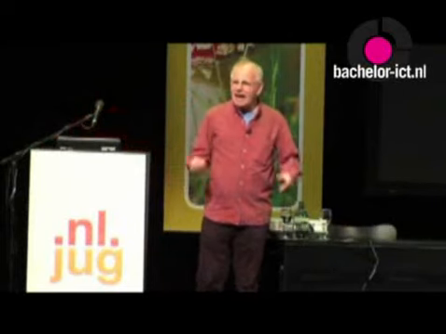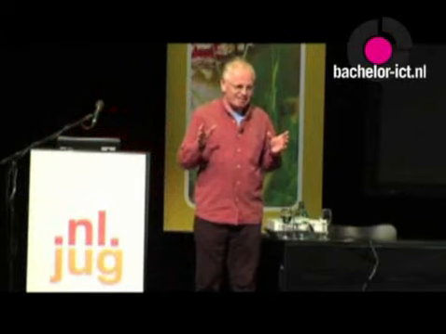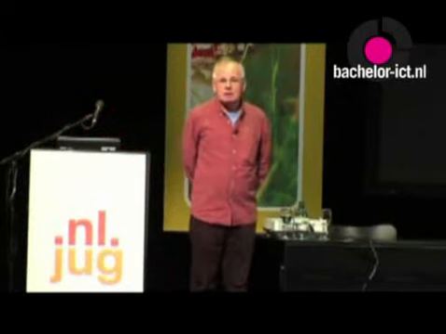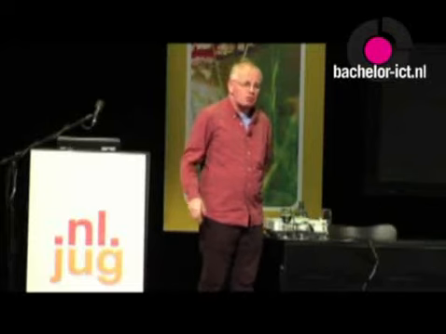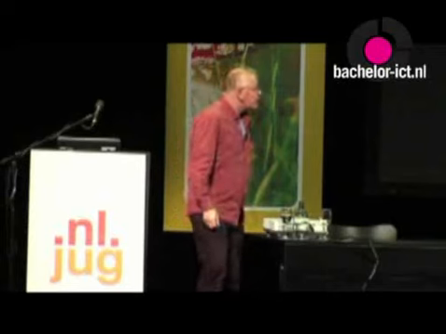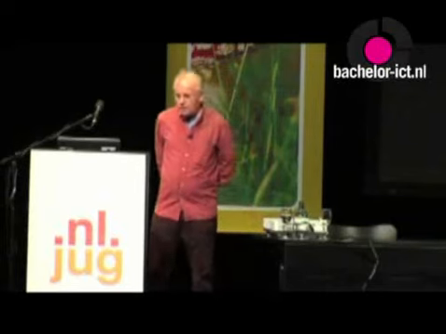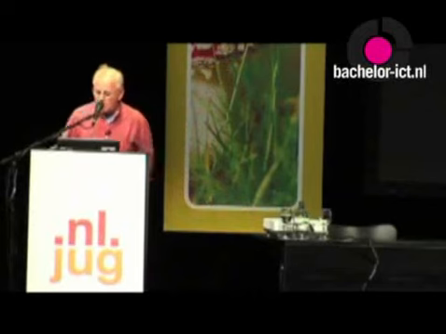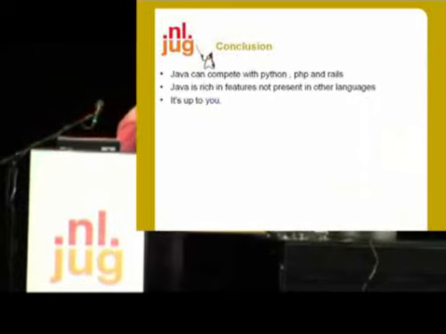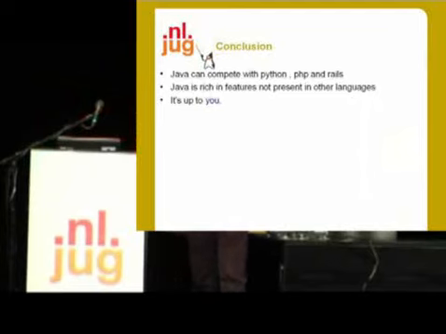I had to be very selective in what I talked about here. I hope the examples I've shown you were interesting and relevant. But I think if we take the sort of approach that I'm talking about here, then the answer to the question, can Java compete with Python, PHP, and Rails? I would say it can not only compete, but it does it much better.